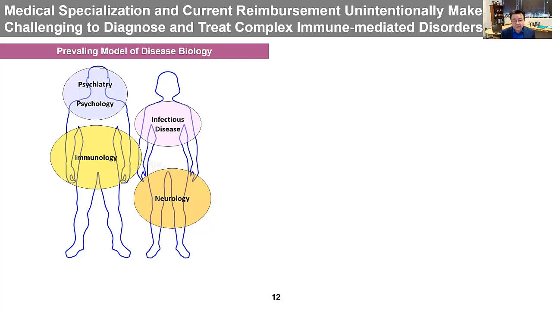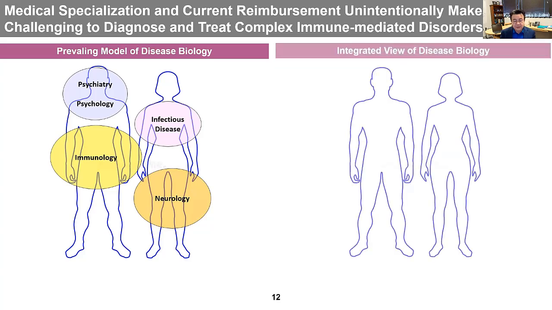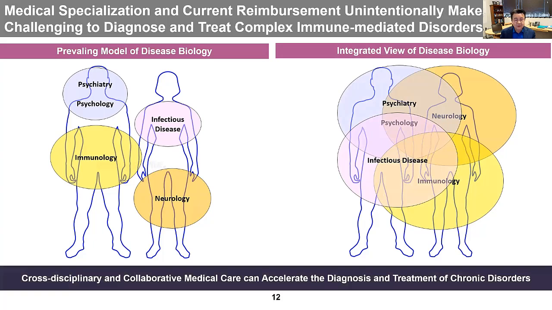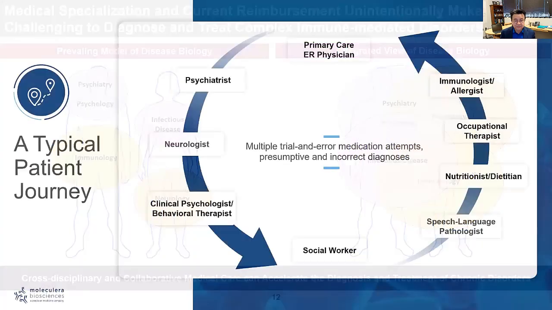That's why it's important to have an integrated view of disease biology, since infectious diseases can impact psychiatry, psychology, neurology, and immunology. Therefore, cross-disciplinary and collaborative medical care can really accelerate the diagnosis and treatment of these chronic disorders, and most of these patients are suffering from them for many years, in fact many decades.